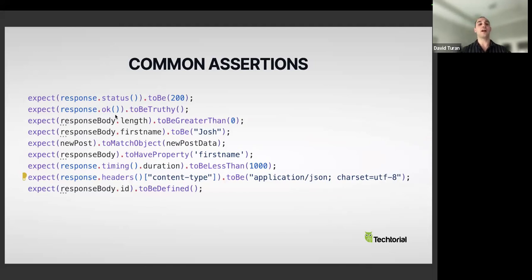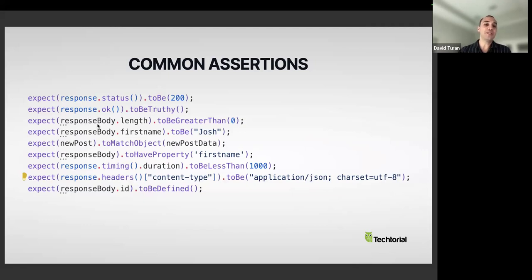In API terminology, okay means between 200 to 299. Those are the success status codes, 200 to 299. So it basically includes everything in between, and it understands that as truthy.